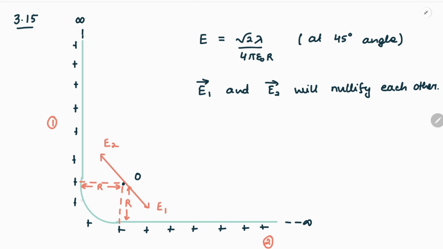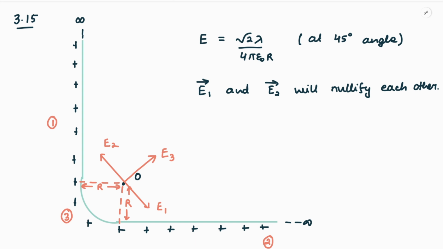Now we are concerned about this curved charge. So this curved charge is going to create an electric field in this direction, which we are referring as E3, and this E3 will give us a resultant value of electric field.